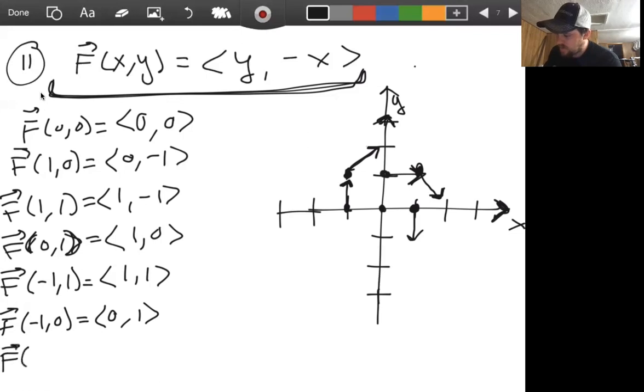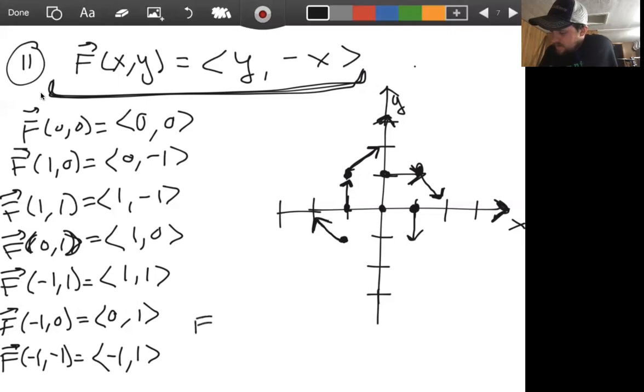When we're first learning vector fields, it's important to pick a lot of points so you can really get the idea of what's going on here. So this is the point -1, -1, which gives -1, +1. So we're going 1 unit to the left and then up 1 unit. So something like this.